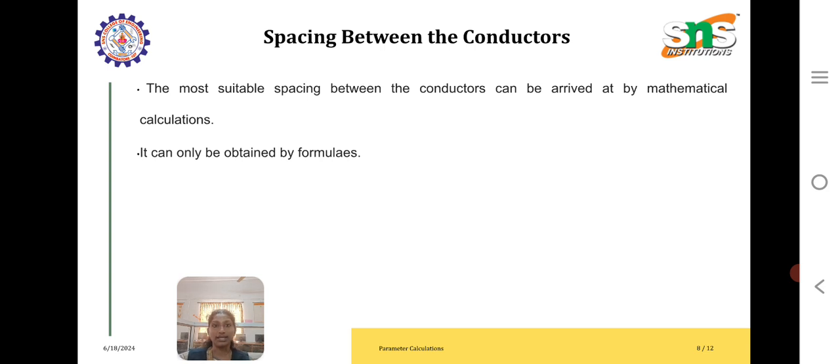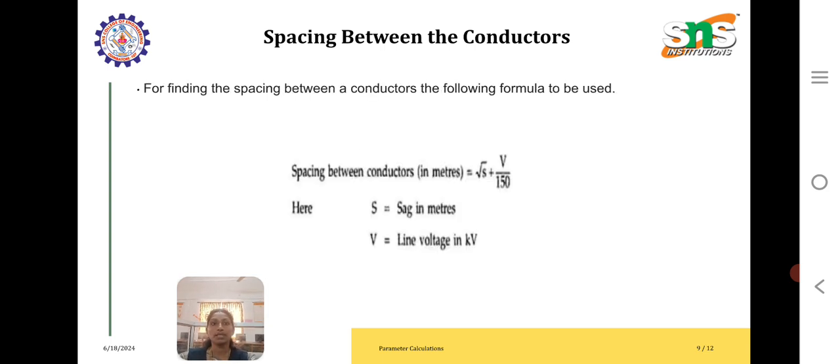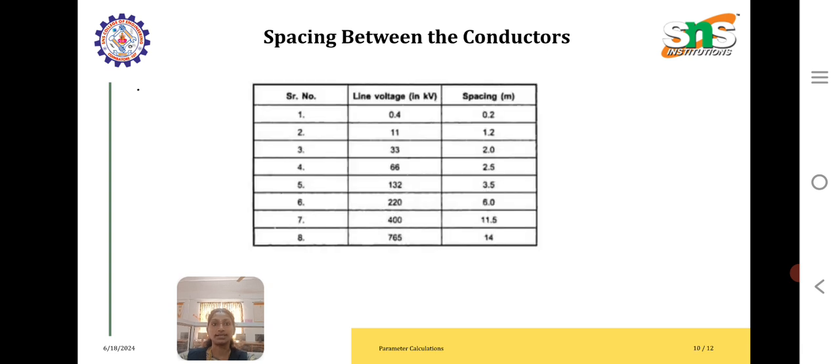Spacing between the conductors. The most suitable spacing between the conductors can be arrived at with the help of mathematical calculations. It cannot be just planned like that. We have many mathematical calculations which we will be discussing in the upcoming videos. The sag in meters and line voltage have to be considered in order to define the spacing between the conductors.